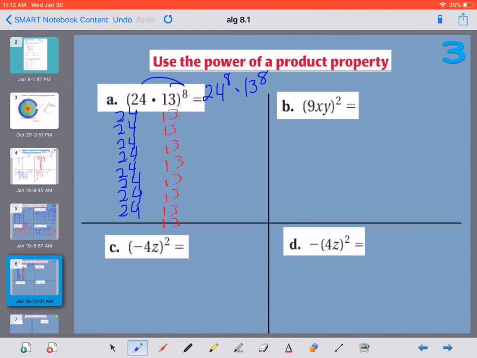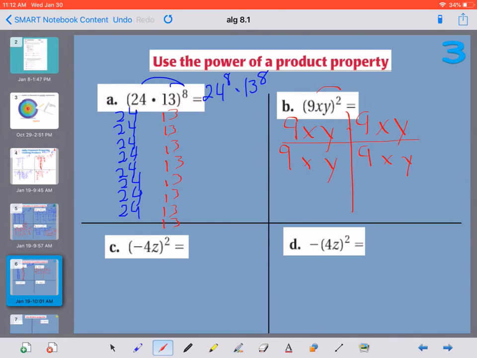So next one. This is saying we have 2 9xy's. So 9xy times 9xy. What this is saying is that I have 1 9, 1 x, and 1 y here, and the same thing here, 1 9, 1 x, and 1 y.